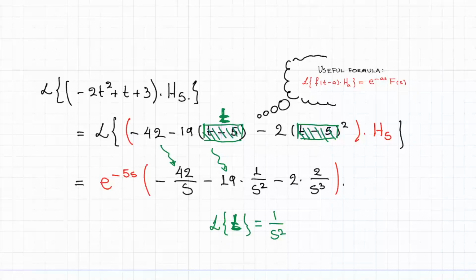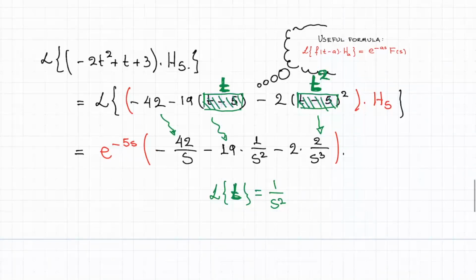But as we solve more and more exercises, you'll be familiarizing with these Laplace transforms. And here we have my green t squared, which becomes 2 over s cubed, and I'm copying down this minus 2. And that's it. And this is how you can determine the Laplace transform of functions defined piecewise. Thank you for watching, and see you soon.